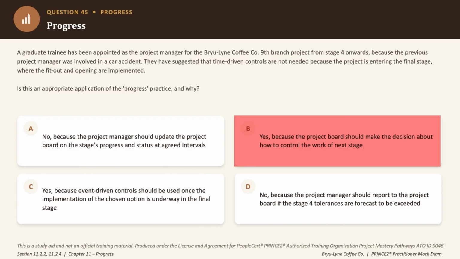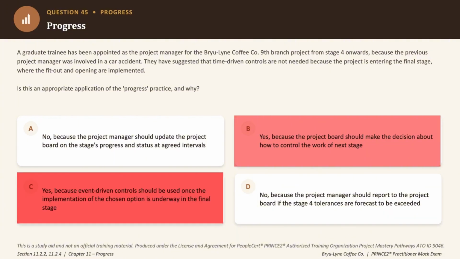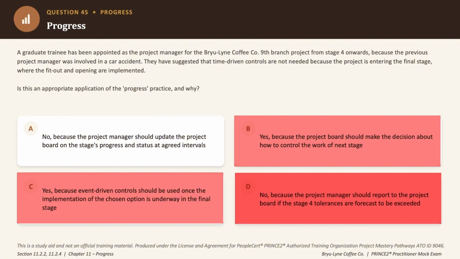And that is part true, but that's only half the picture, right? It doesn't actually justify dropping time-driven reporting altogether. So eliminated as well. Option D says no because tolerance breaches should be reported. True in general, but it sidesteps the specific claim being tested, which is whether time-driven controls themselves are still needed or not. So eliminated as well.